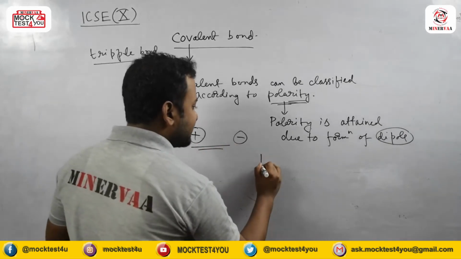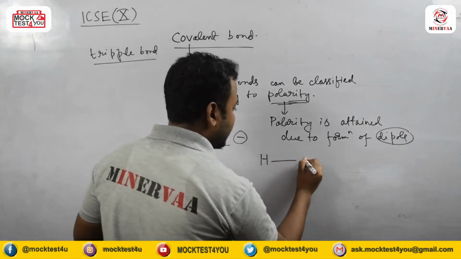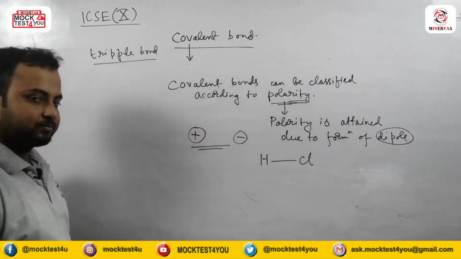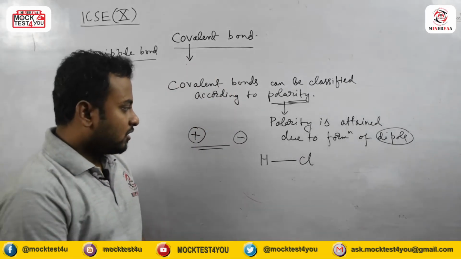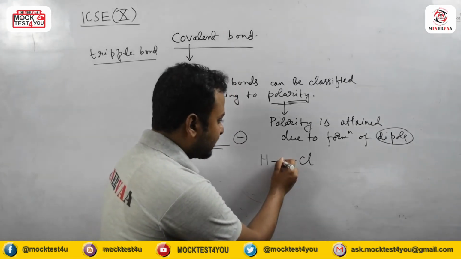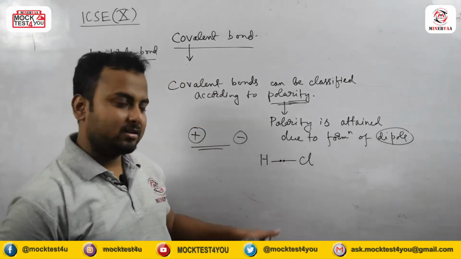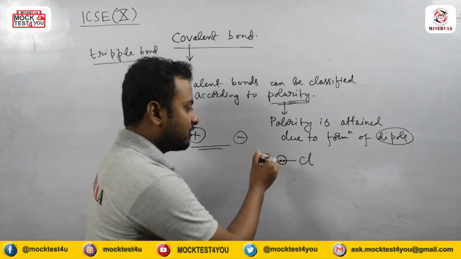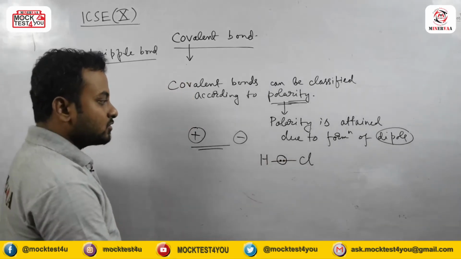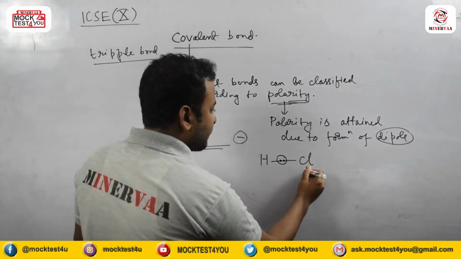As we have seen in the example of HCl, suppose the bond pair, they have shared their electrons with one another. So this is the shared pair of electrons.